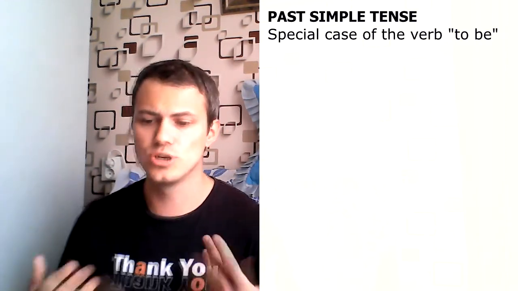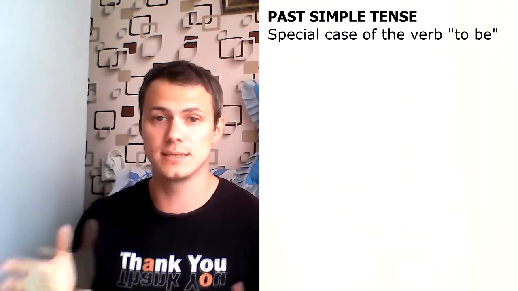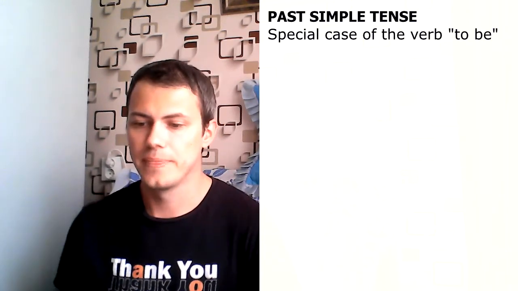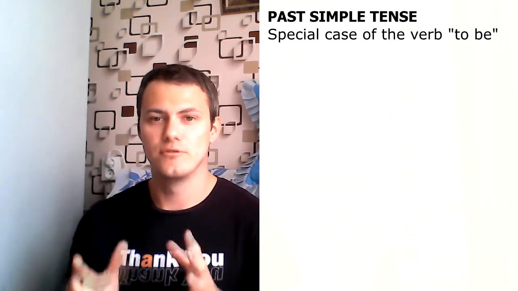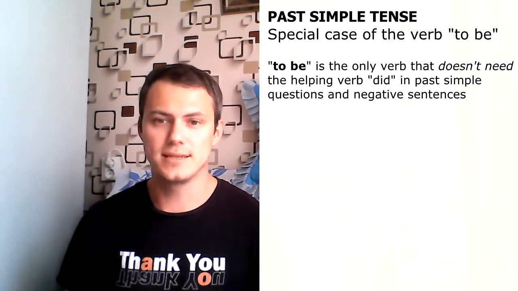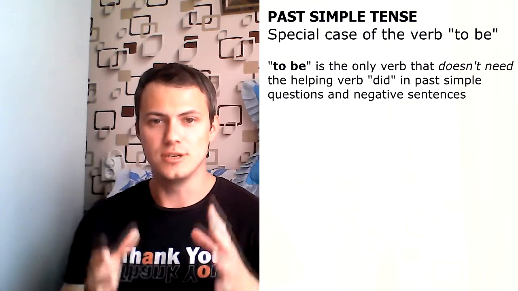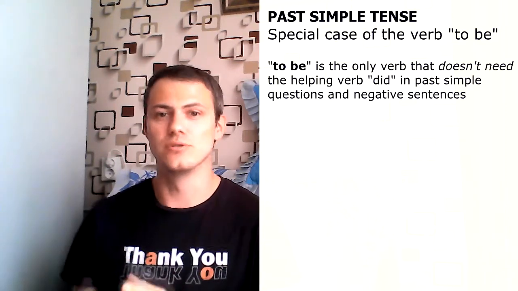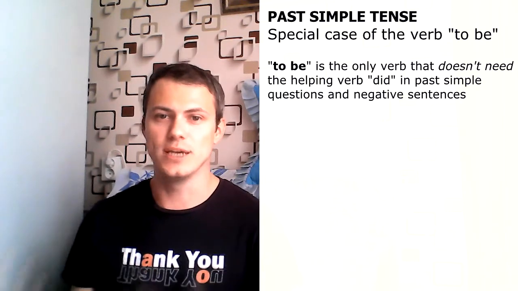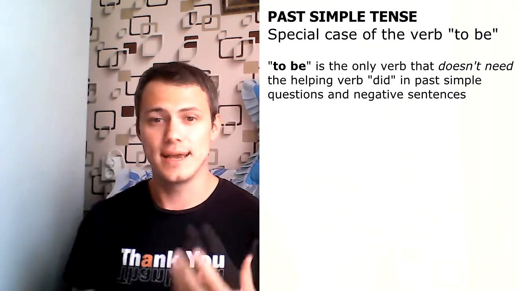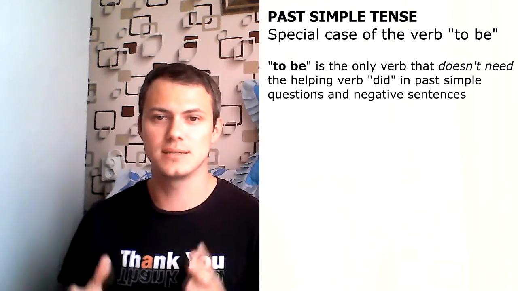So just like in the present simple, the verb to be is the only verb that doesn't need any auxiliary or helping verb when we make questions or negative sentences using the past simple form.